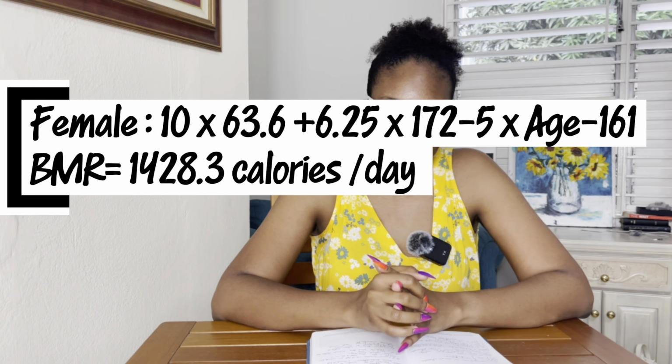You'd get the basal metabolic rate for this young lady to be 1,428 calories per day. So that means that she needs 1,428 calories in order to just exist with no digestion, no activity. If in a hypothetical world all she was doing was absolutely nothing. This is how much energy her body would need in order to just survive, right?